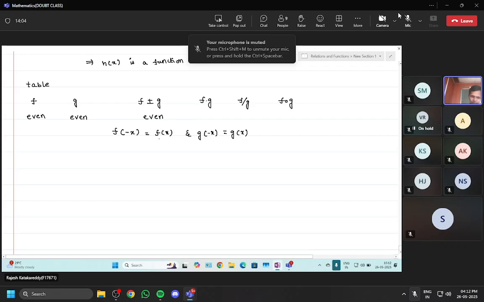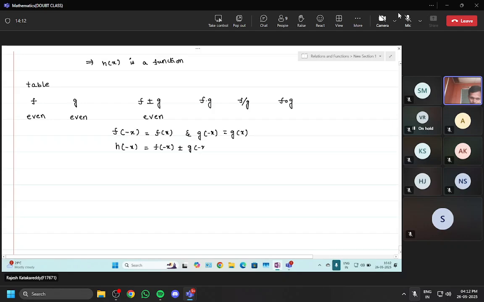Now you call the required function as h of x. h of minus x is equals f of minus x plus minus g of minus x. From the above property, I can write this is f of x plus minus g of x. Clear? So therefore it is even.